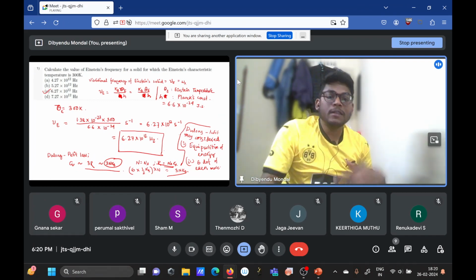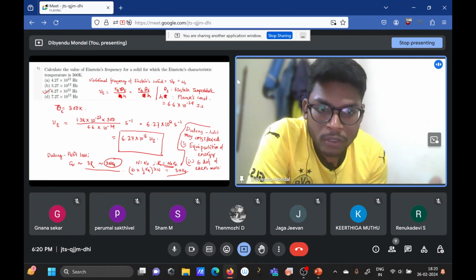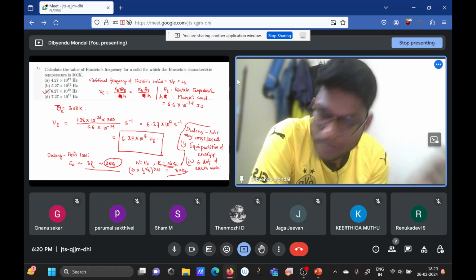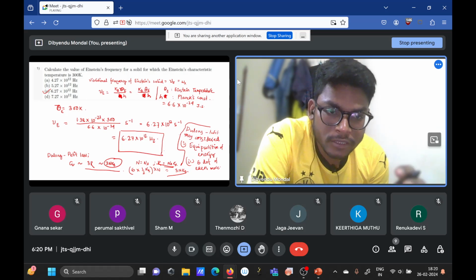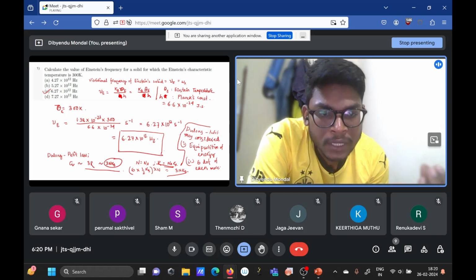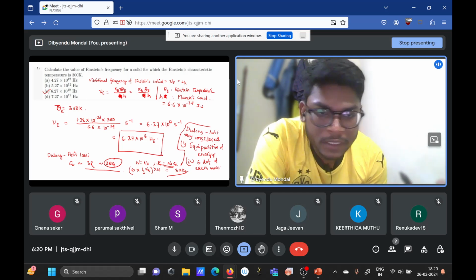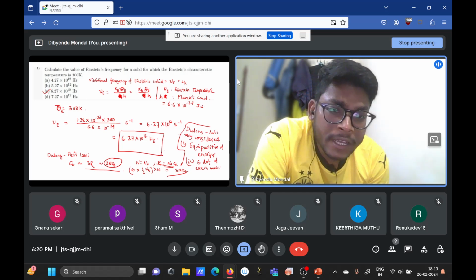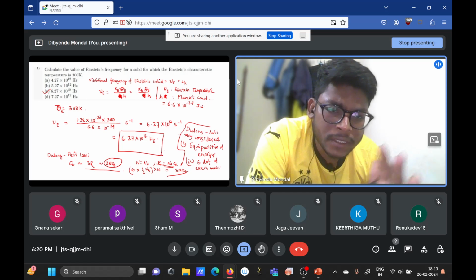But when people studied more solids, they saw that at lower temperature it is not matching, because when temperature decreases to absolute zero, T equal to 0, all kinds of thermal motions freeze, so heat capacity should be 0 there, right?